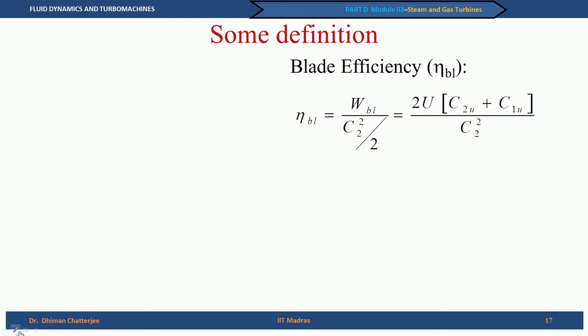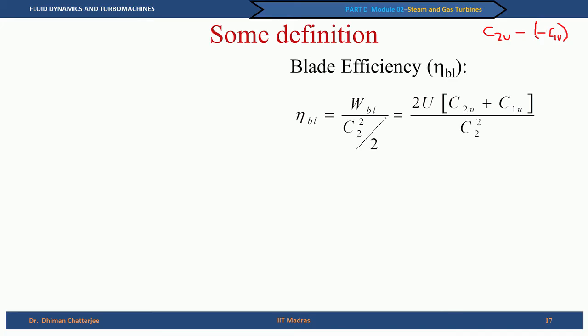I again re-emphasize this point that you can think about this C 2 u plus C 1 u in this way. You can say that C 2 u minus of minus C 1 u.